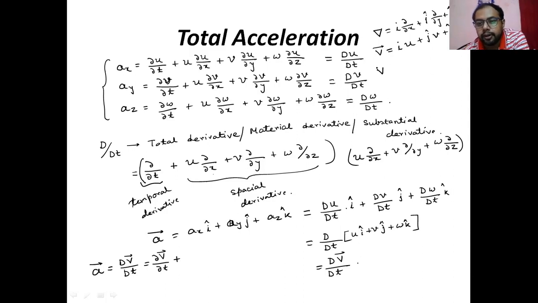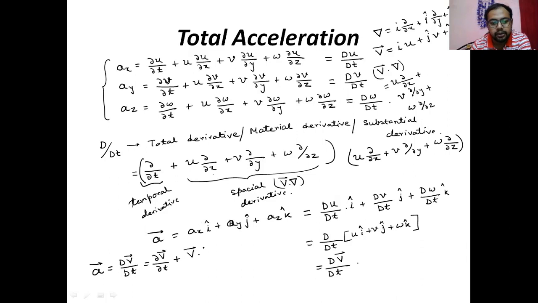If you perform V dot del, it comes as u d/dx plus v d/dy plus w d/dz, because it is a dot product. So this part is better written in vector form as V dot del.